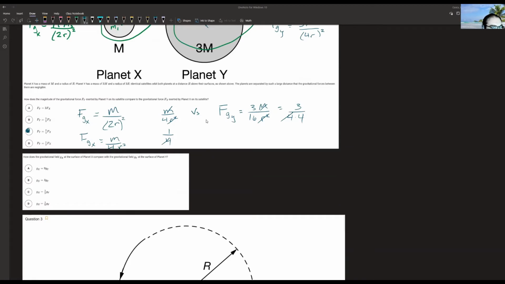Let's go ahead and look at question 2. How does the gravitational field g of X at the surface of planet X compare to the gravitational field at the surface of Y? So we'll go ahead and do a poll here.